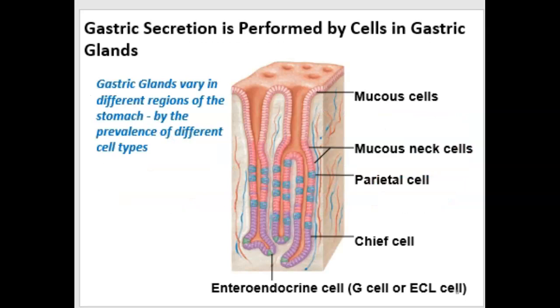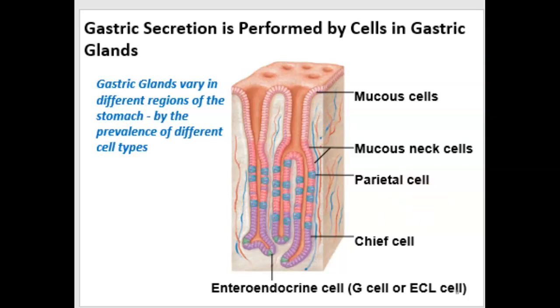Now let's talk about the secretory functions of the stomach. These secretory functions are performed by many different cell types present in the gastric glands. And in different regions of the stomach, the gastric glands have variable numbers of these cell types. Just about everywhere you'll find mucus cells that secrete mucus to line the interior of the stomach.